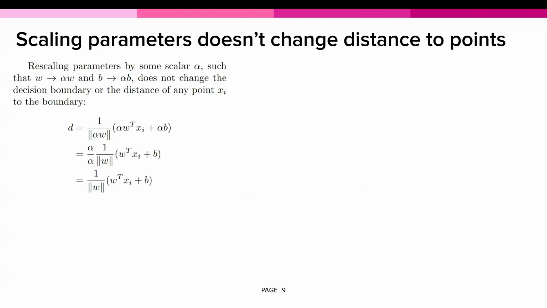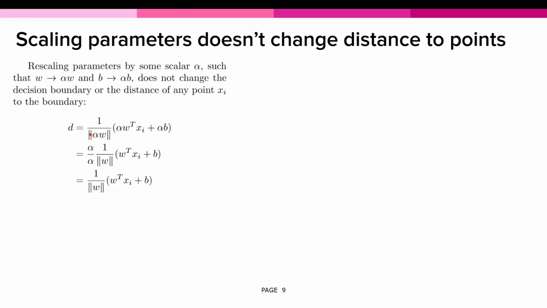In previous models, like the perceptron, we were primarily concerned with the sign of the linear predictor, the inner product between the parameter vector and the feature vector plus the bias. In other words, we just cared about whether a point was on one side of the decision boundary or the other. But now we're not just interested in which side a point is on, but also how far it is from the boundary.